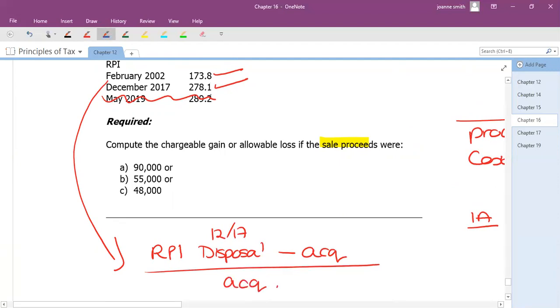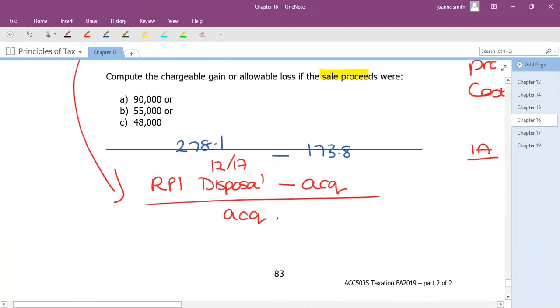So that's what we got there, 278.1 minus 173.8 divided by 173.8. So that gives me an index factor that I want to calculate.